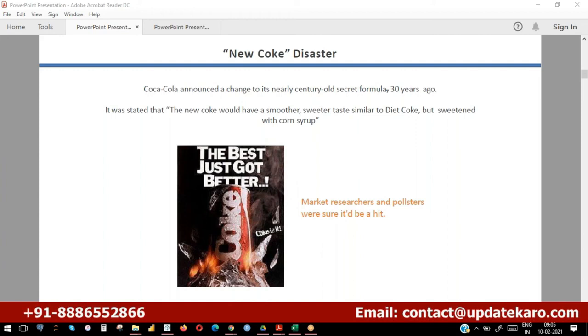The best just got better. With this banner, they introduced a new Coca-Cola. They tried to introduce a new product, which was sweetened with corn syrup.